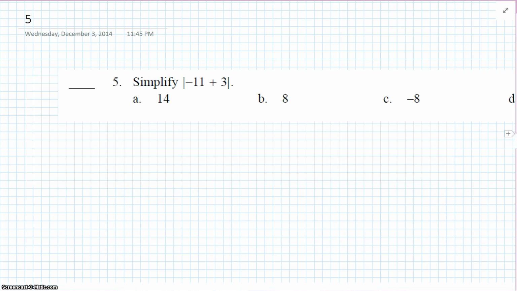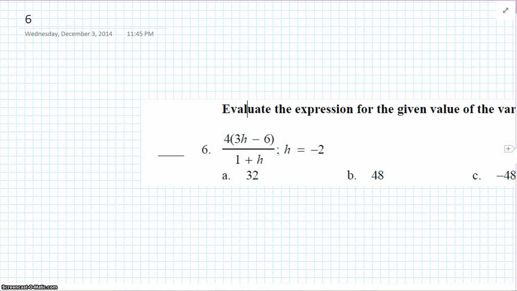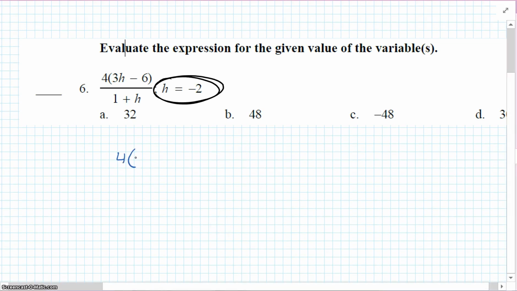Number 5. Simplify. The absolute value of negative 11 plus 3. Well, negative 11 plus 3 is negative 8. So the absolute value of negative 8 is 8. So the answer is B. Moving on. Evaluate the expression. Okay. H equals negative 2. So we're just going to plug it in. 4 times 3 times negative 2 minus 6 all over 1 plus negative 2.